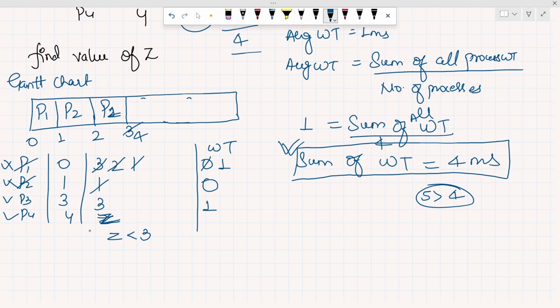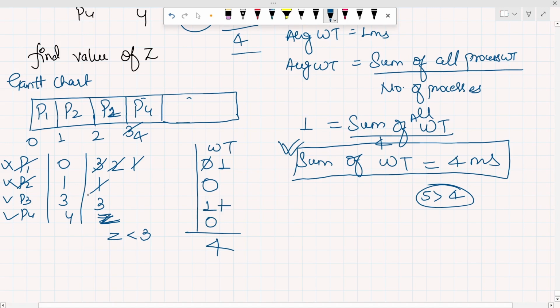Now, what should be the value of Z? Now we have to make a trial and run. We need the sum of waiting time to be equal to 4. Now we select P4. So the waiting time for P4 is 0. Now what should be the waiting time of P3?